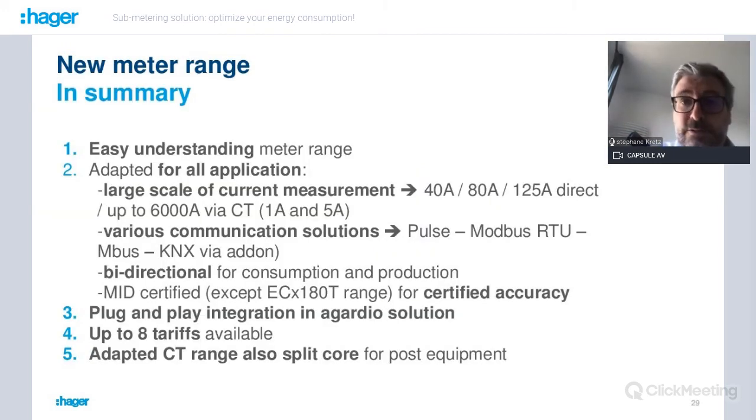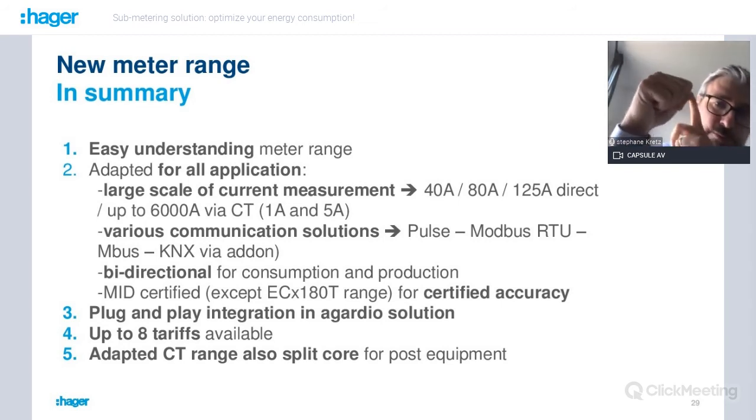To sum up, because we are quite at the end of the presentation, and we will go to the questions. We want to keep 15 minutes for the questions. In summary, concerning the Hager meters, it's important to have a range that can answer all the applications that you need, linked to your metering plan.